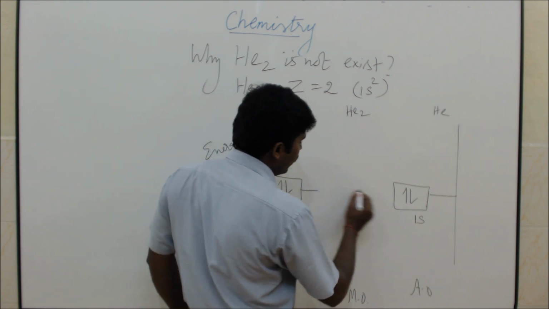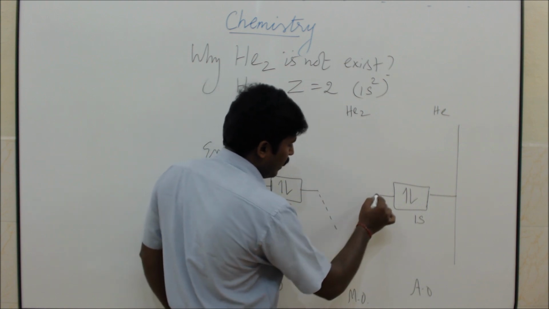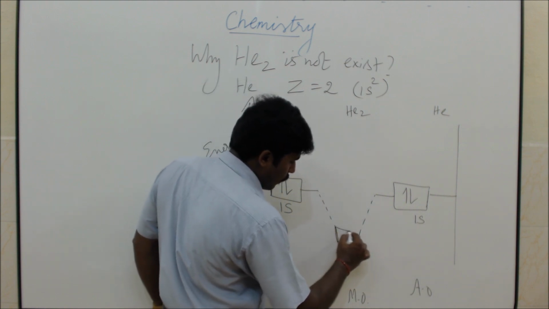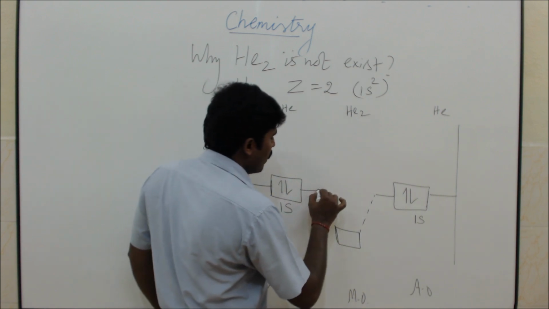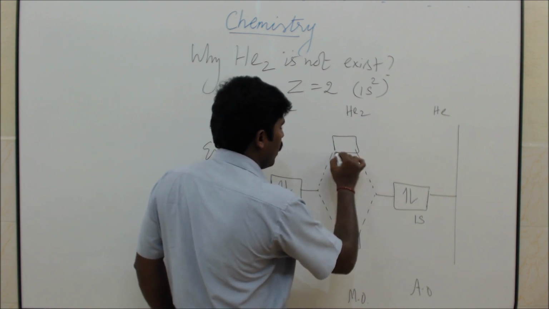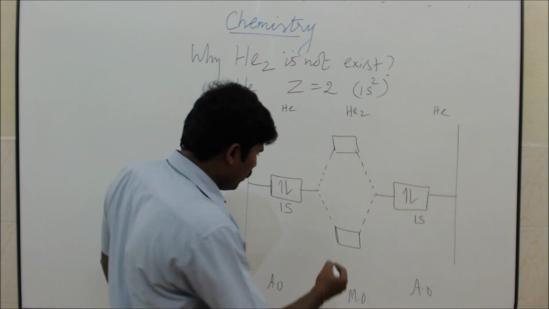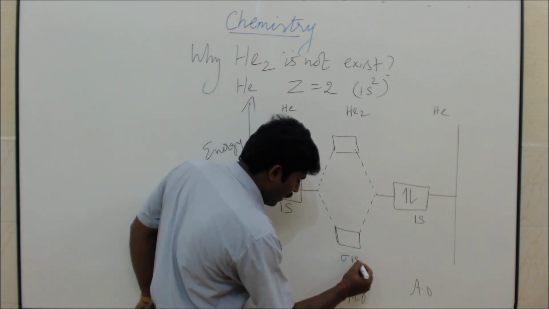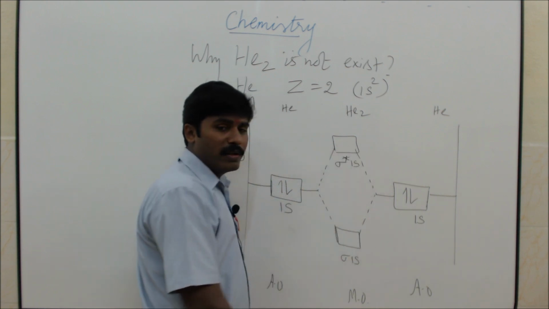These 2 atomic orbitals combine, and one gets lower energy, named the bonding molecular orbital. The other gets higher energy, the anti-bonding molecular orbital. So you can name them sigma 1s, and sigma star 1s because it is anti-bonding.